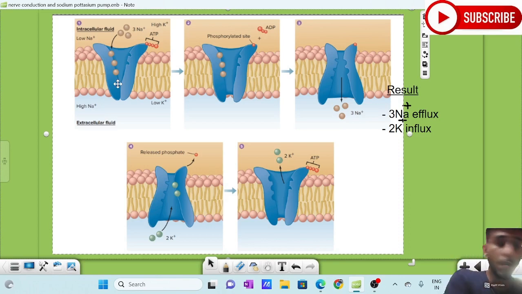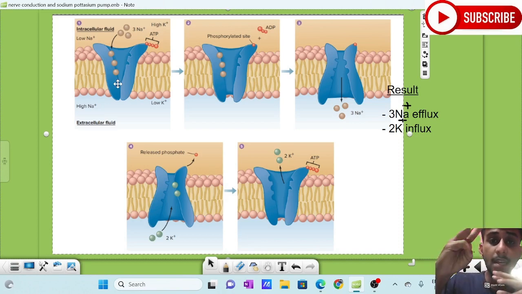When 3 sodium ions bind, it will make changes in the protein molecule, which, when 3 sodium bind to the pump, will make the ATP cleave. ATP cleave means it will be removing one phosphate from the ATP. So ATP will become ADP and it will be removed from the pump, and thus one phosphate will be attached to the pump. These are the first 2 steps.